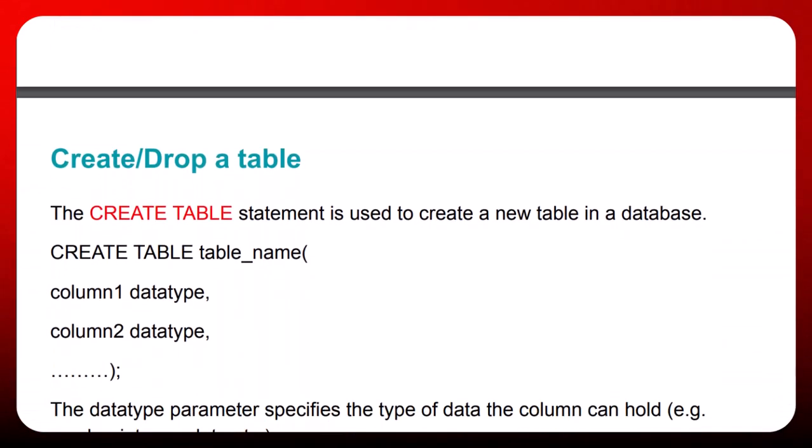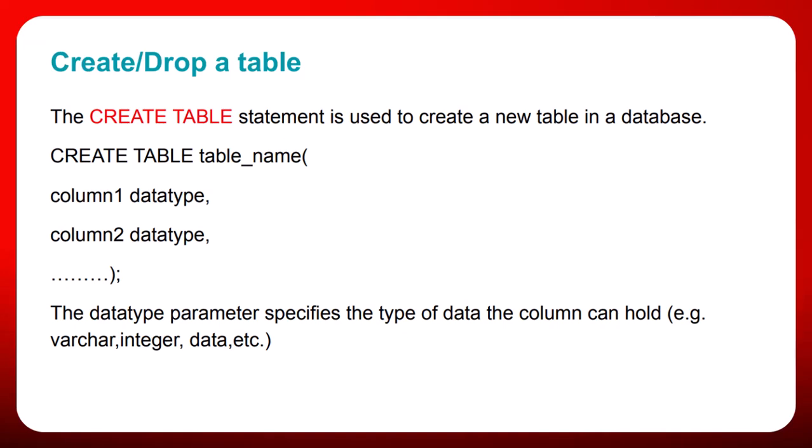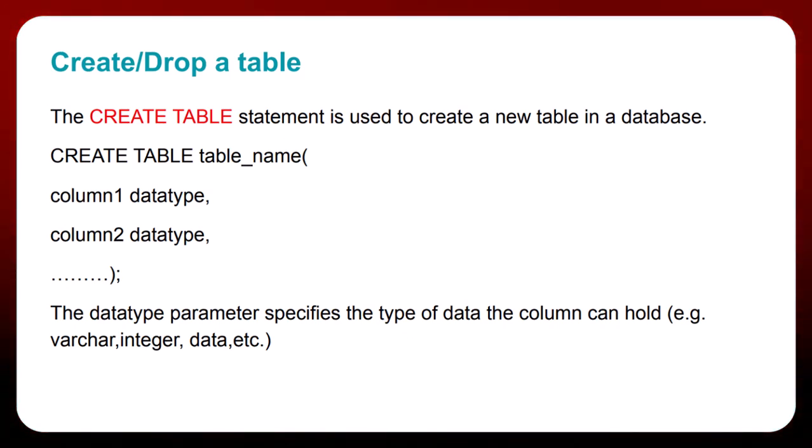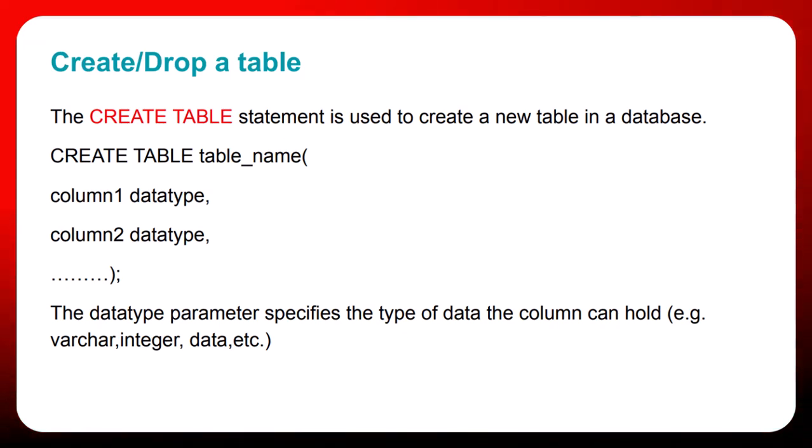All right. Now we know that a database is a bunch of tables. But how can we create a table? Make sure to look at the red part. That's the syntax, and after that comes the table name, and then parentheses.